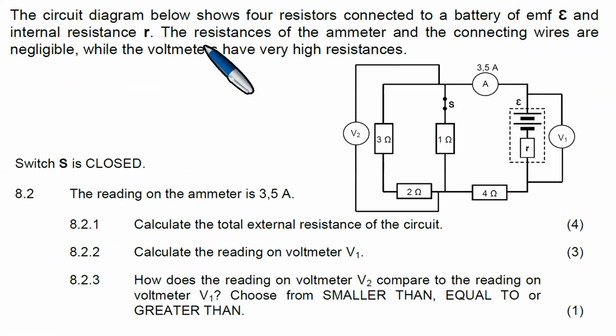The second diagram below shows 4 resistors connected to a battery of EMF E and internal resistance R. The resistances of the ammeter and the connecting wires are negligible, while the voltmeters have very high resistances.